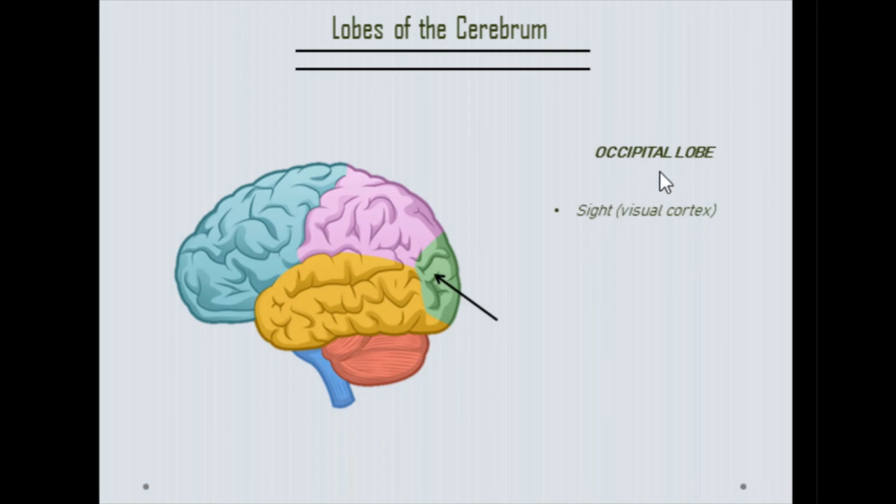It processes visual perceptions. Visual reception and visual interpretation. It functions for sight, visual reception, and visual interpretation. That is the occipital lobe.